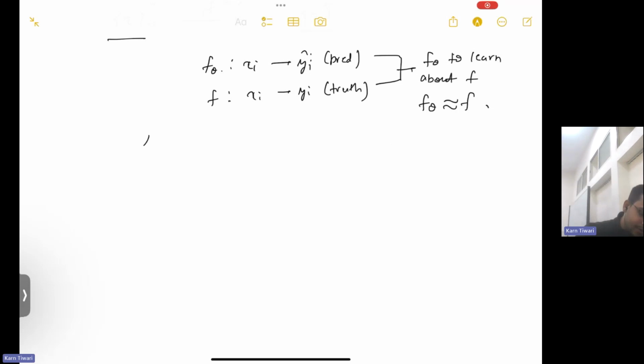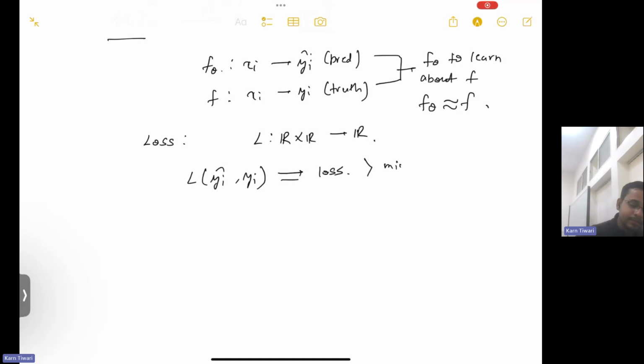So usually we define a loss function, which can be described mathematically as a map from R cross R to R. Basically, a loss is a function which takes a prediction, y_i cap, and y_i, and spits out a number. This loss we want to minimize.